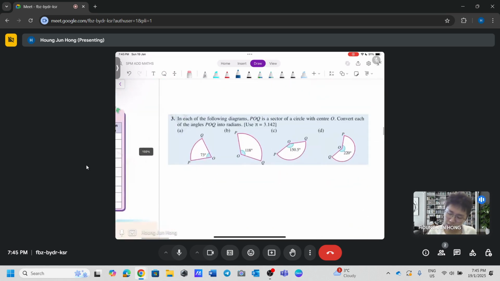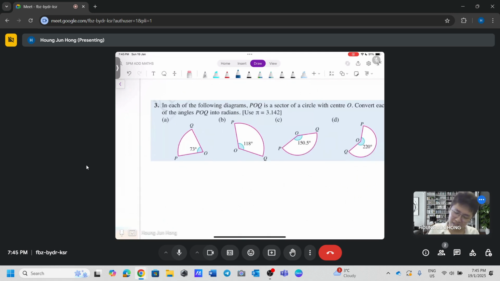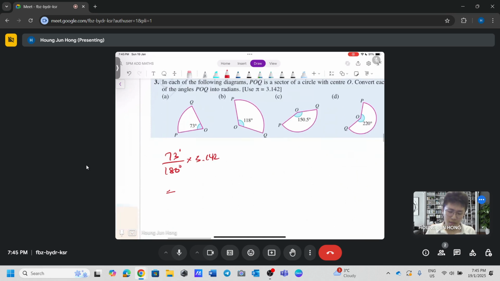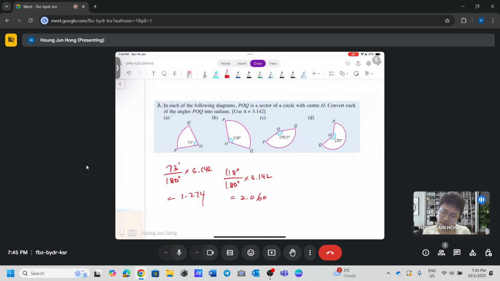Okay, last question. Let's quickly wrap this up. Again, very simple. 73 over 180 times 3.142, the pi. 1.274. Next one, 118 over 180 times 3.142. 2.060. They didn't say anything, but usually the common agreement is 3 to 4 decimal places.